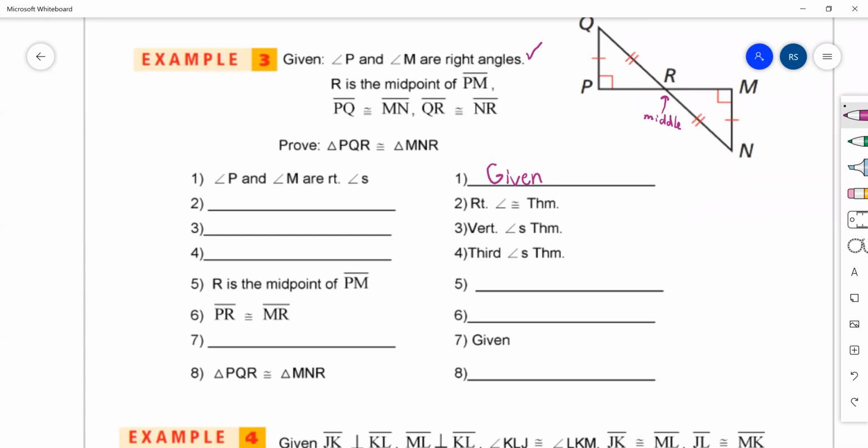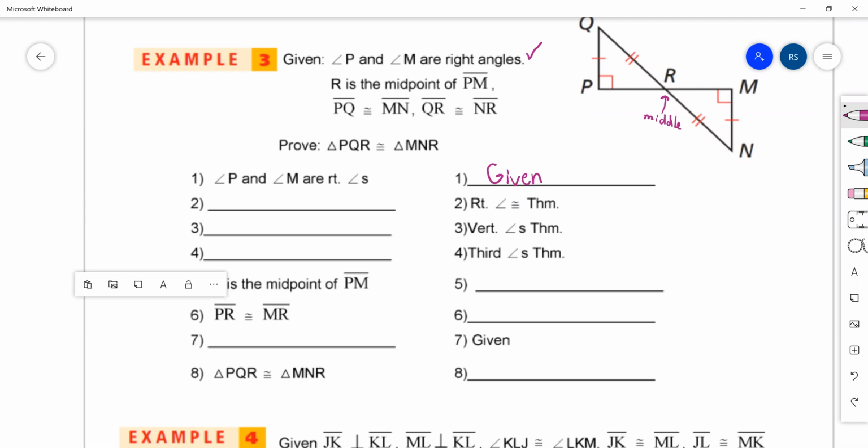So if angle P and angle M are right angles, what does that mean? They're both equal to 90. That's one thing it means. But if they're both equal to 90, what are they? Congruent.